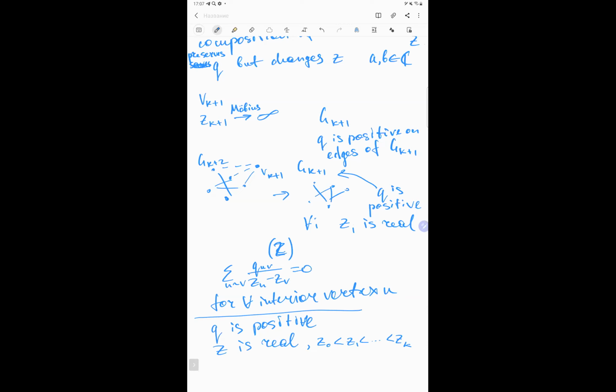And now we can apply the results of the previous theorem.